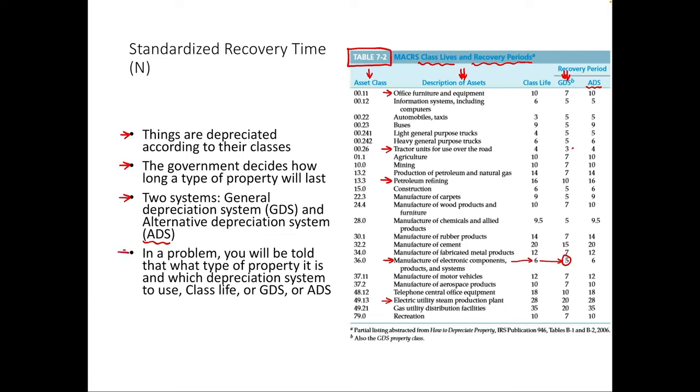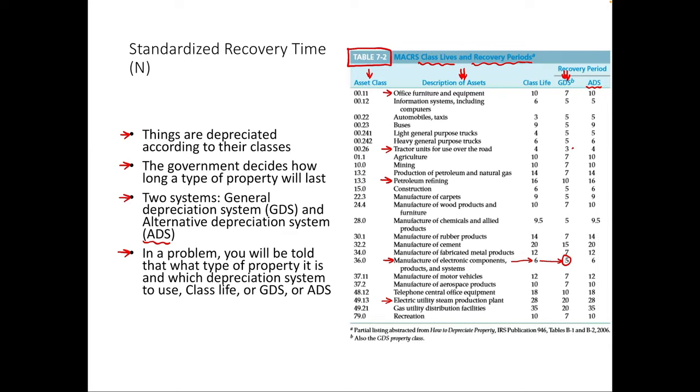And usually the ADS method is used for a specific type of products. Sometimes the products are manufactured not in the US, maybe in a foreign country, and the IRS will require you to use the ADS method to do the depreciation deduction calculation.